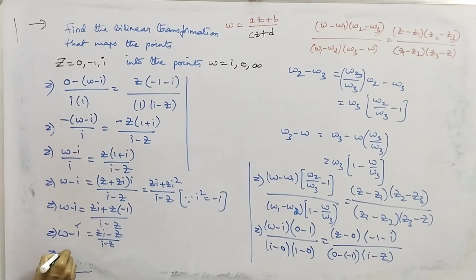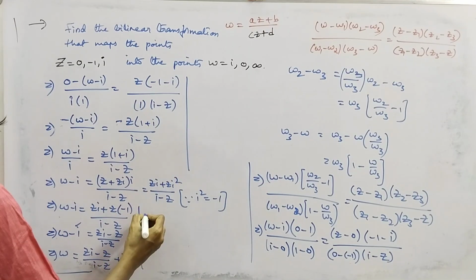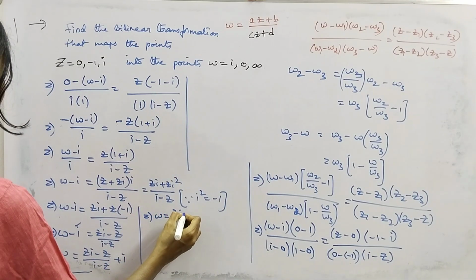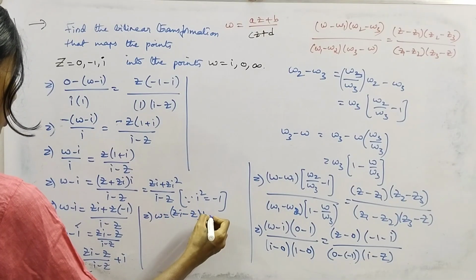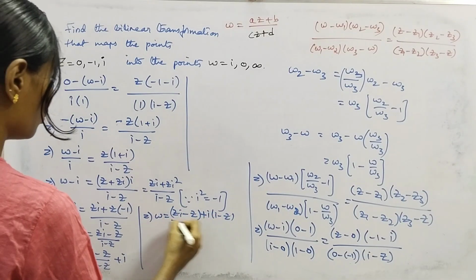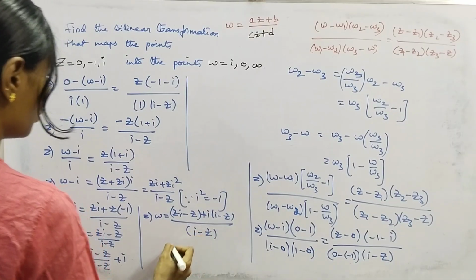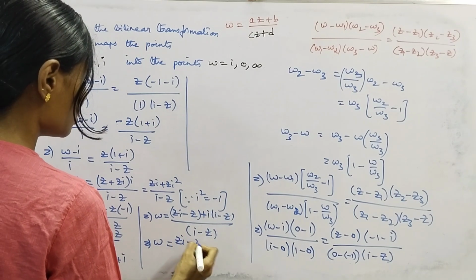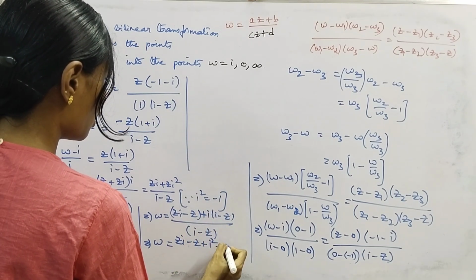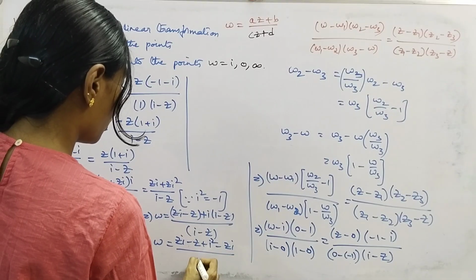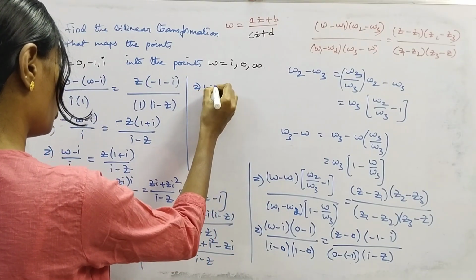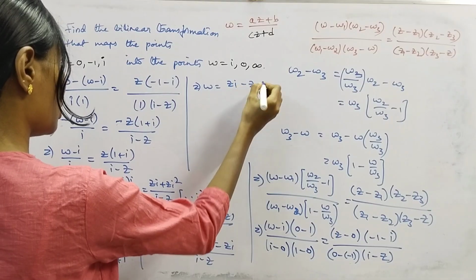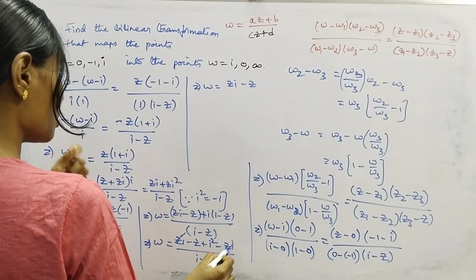Now let's take this I to RHS, you'll get omega equal to zi minus z by I minus z plus I. Now this becomes omega equal to zi minus z plus I times I minus z by I minus z. Okay, this gives us omega equal to zi minus z plus I into I square minus zi by I minus z. Then omega equal to zi minus z. Yeah, here you can cancel plus zi minus zi, right?